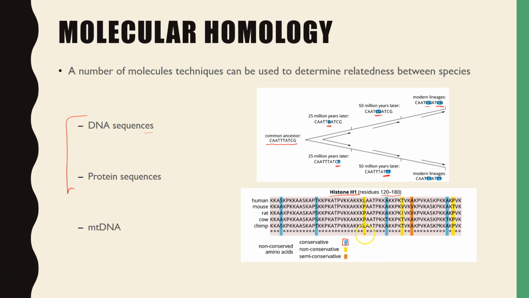There are non-conserved sequences where they're different between different species, and semi-conserved. So between some species they're conserved but others are not. So using these, we can look at the differences between the species, and the more differences they have, the less related they'll be, or the further back in time that they've diverged to form different species.